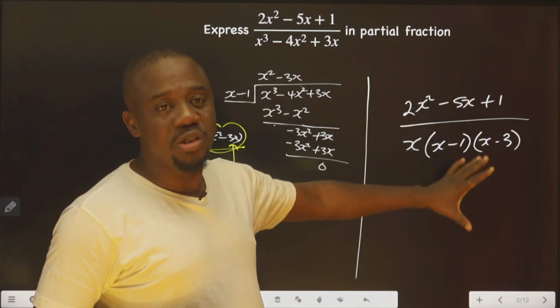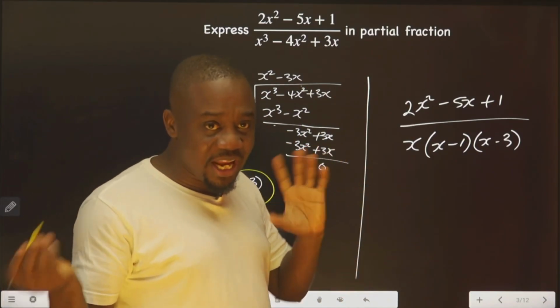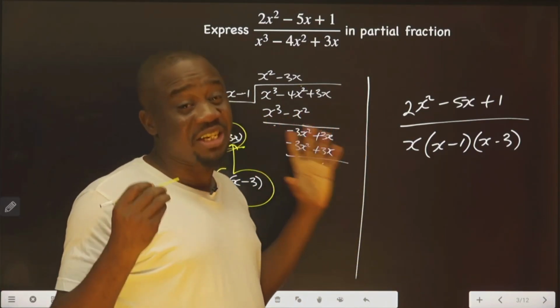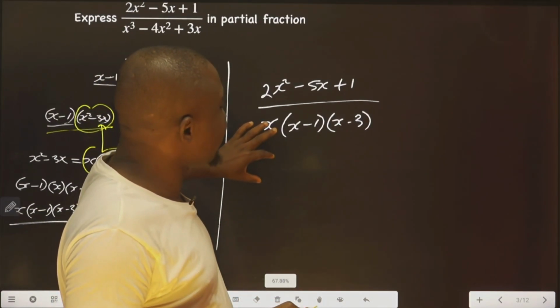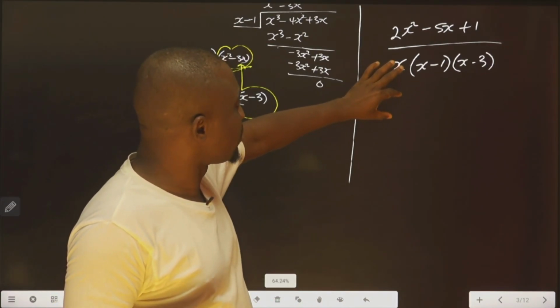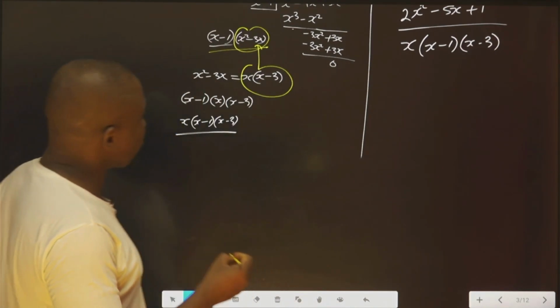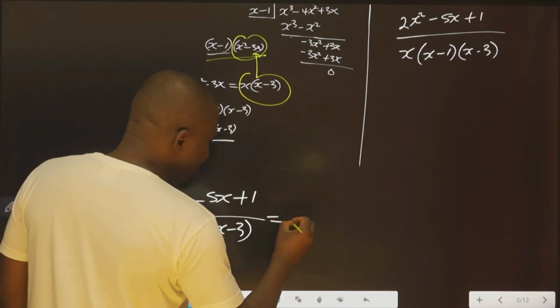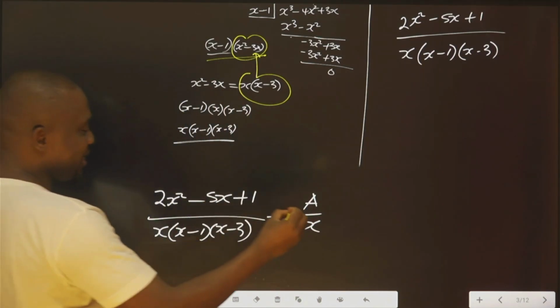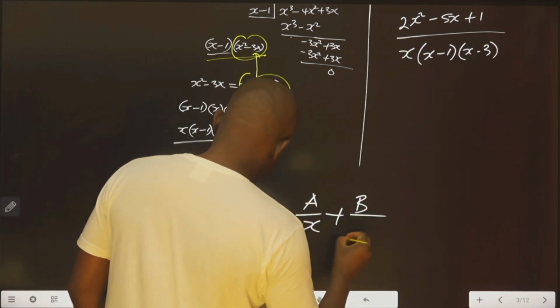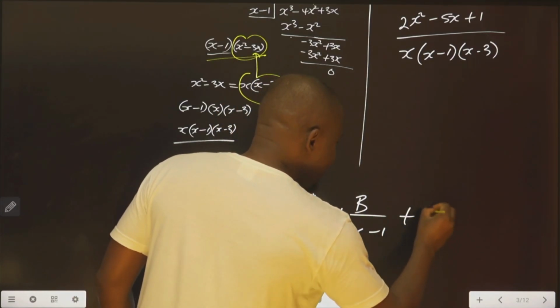We're going to use our standard methods, any of the methods of partial fraction to work on. If you have been with us for a long time, you know we have treated partial fraction a lot. So now let's come here to say it actually equals A over the first one, B over this, C over this.